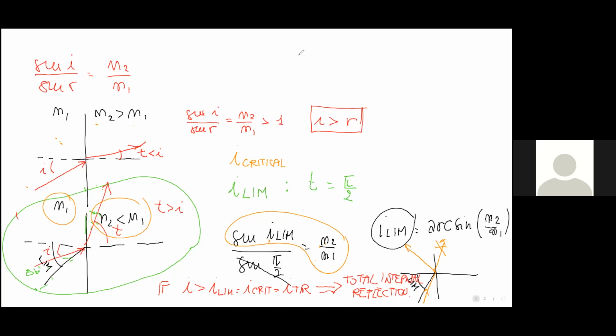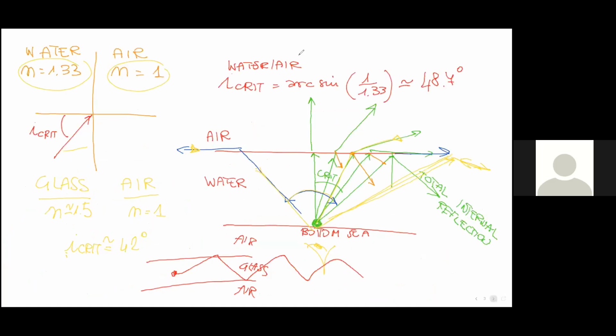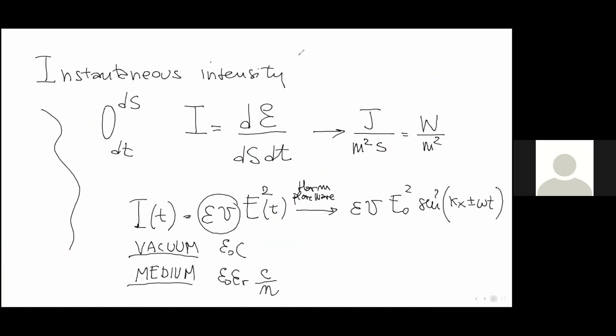Okay? Now, one could ask, okay, but what you said is for a flat, infinite interface between two semi-infinite media. But what happens if instead of that, you get an interface like this between two media?